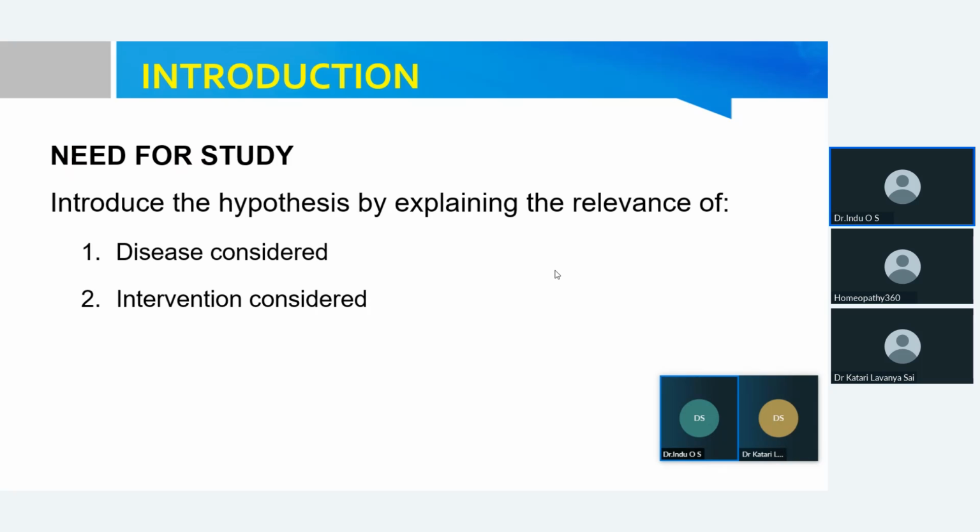We can fix that as per the condition of the patient or the prognosis of the particular disease taken for the research. So try to avoid the placebo comparison in this kind of clinical study, like effectiveness studies.